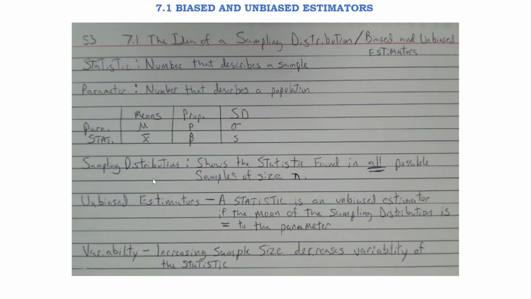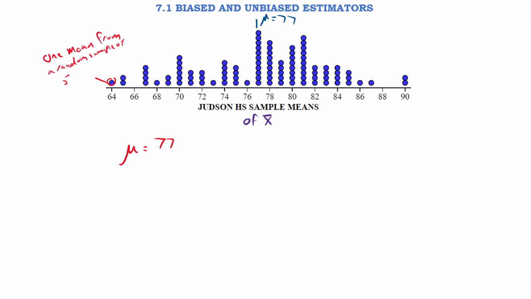A sampling distribution shows the statistic found in all possible samples of size n. Well, we did a size of 5, so our sample size n was 5. With these data values, I said I got 95 of those.